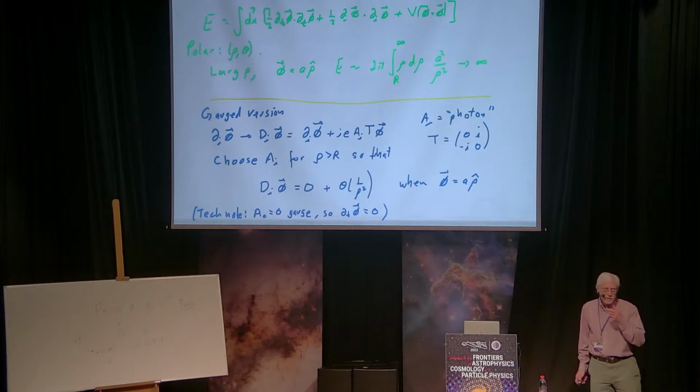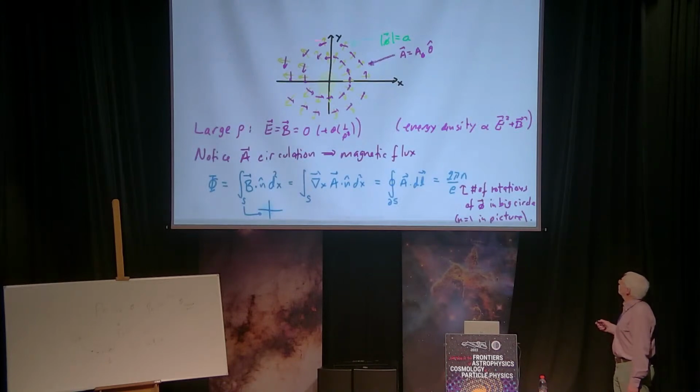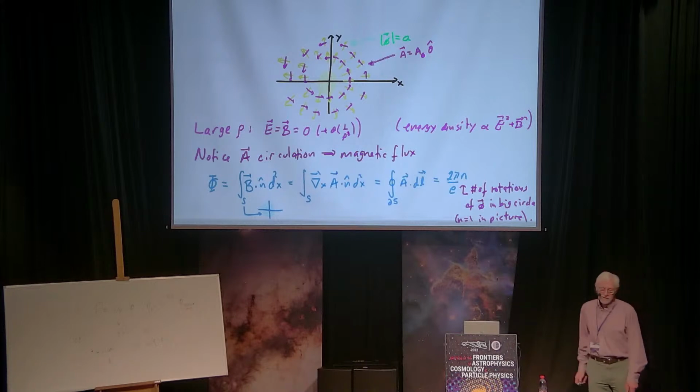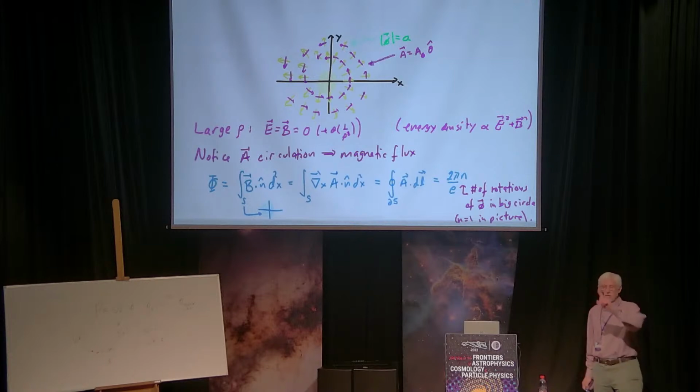Okay. Now I'm not going to solve the equation for you. You can solve it actually analytically, but I'm not going to solve it. You can get an idea of what's happening just from this. This is the same picture as before, but I put these purple arrows that represent the gauge field A, and it points in the theta direction because the rate of change of the yellow vectors came from d theta, right?